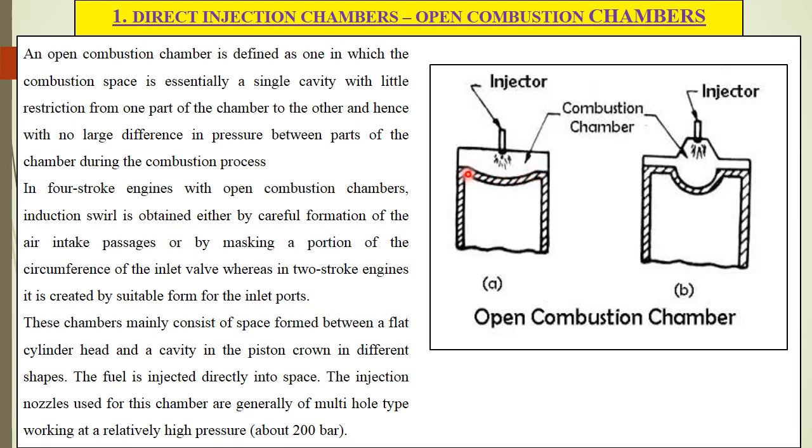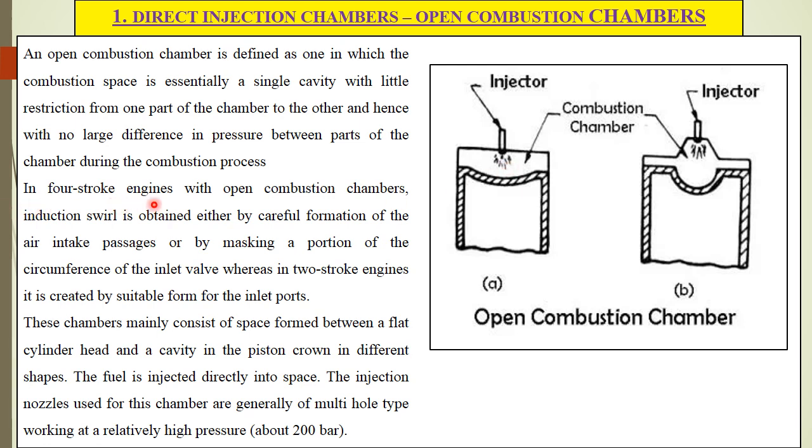If you look at the piston crown, at the top of the piston, such cavities are provided in different shapes, and the fuel is injected over this entire volume. That's why in an open combustion chamber the volume of the whole combustion chamber is located in the engine cylinder.